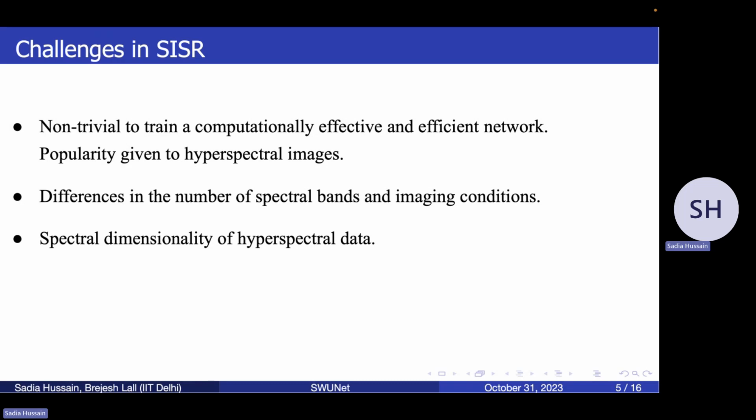Say, for example, if we have two different cameras capturing the same scene, because of two imaging conditions and the different sensors used, we will have limited data of the same scene. And also, one cannot ignore the spectral dimensionality of hyperspectral data, which is huge.